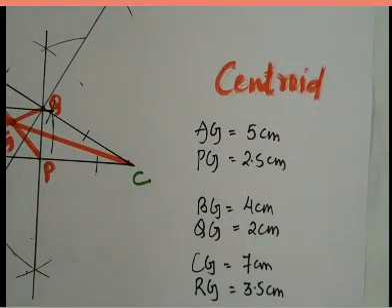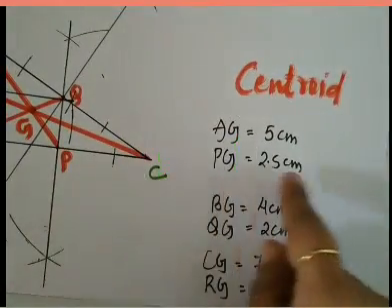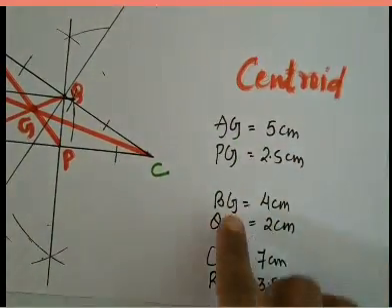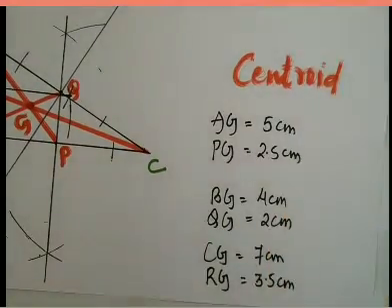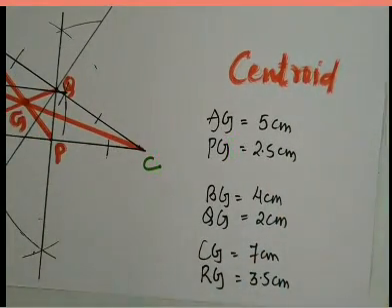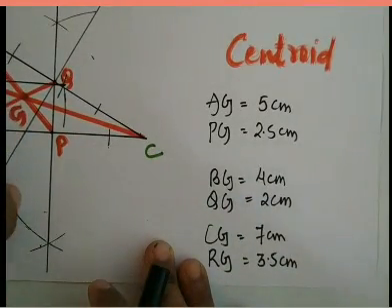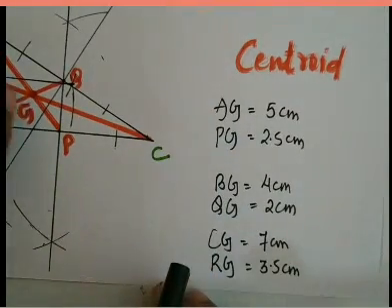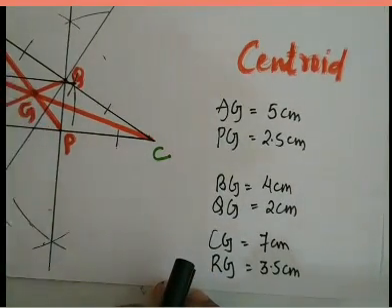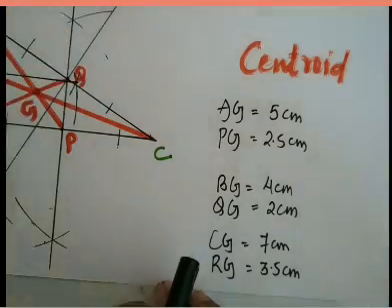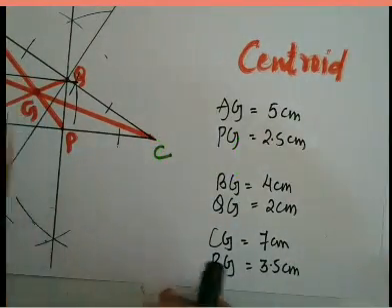So from this we can conclude that AG is 5, PG is 2.5, half; BG is 4, QG is 2, half; CG is 7, RG is 3.5. It means this centroid is dividing the medians in some ratio. This is 2 parts and this is 1 part, in each case.